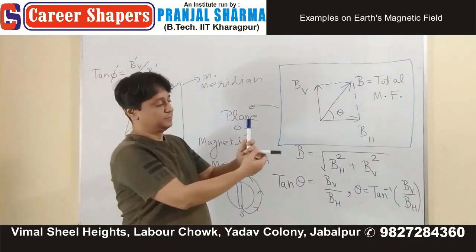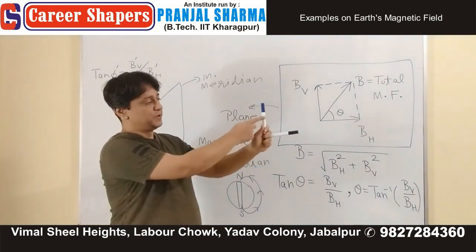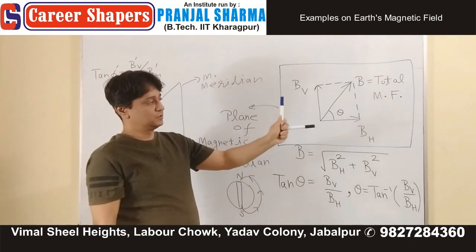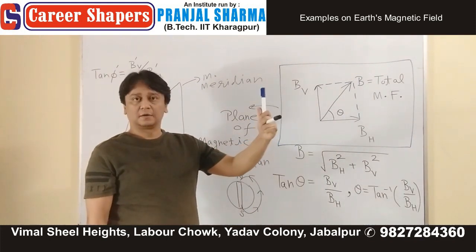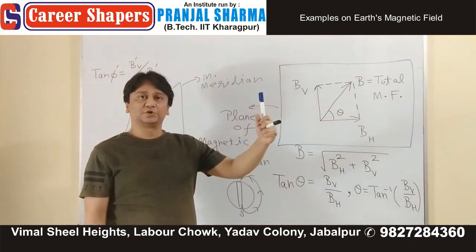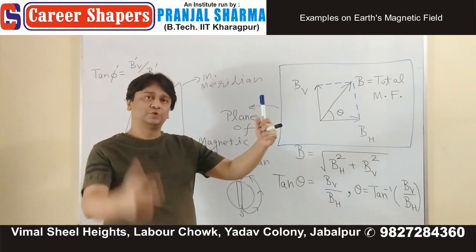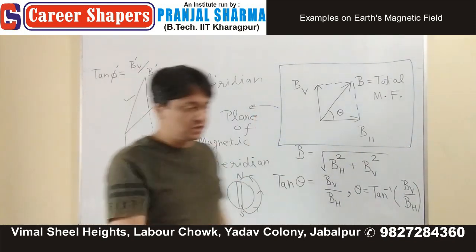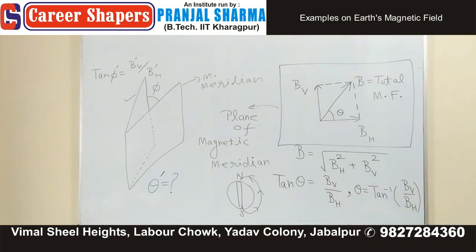Last attempt. This is BV, this is BH. If I rotate, there is one component which is not going to change. Which one is that component? Mention this in the comment box. There is one component which is not going to change.